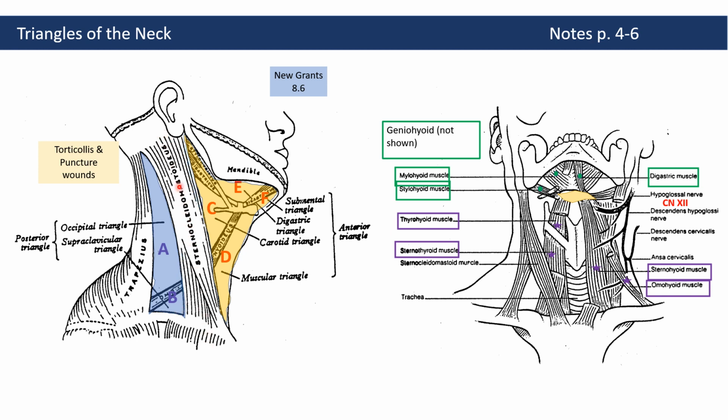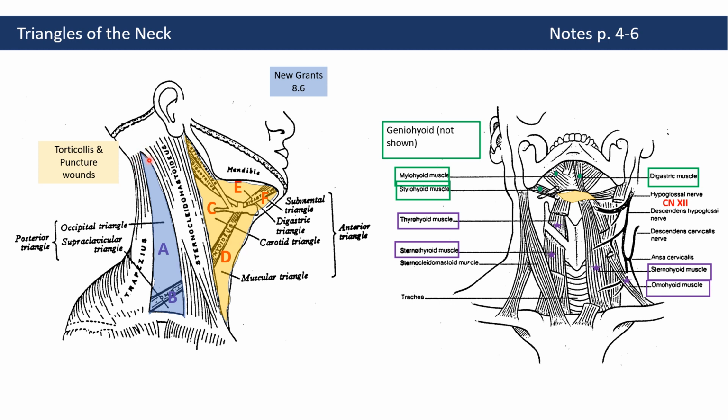Once we have exposed the area, notice that I've drawn in two different colored triangles. One posterior to the sternocleidomastoid represents the posterior triangle in blue, as well as the anterior triangle, which is shown here in the orangish color.